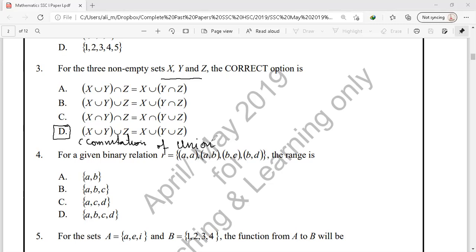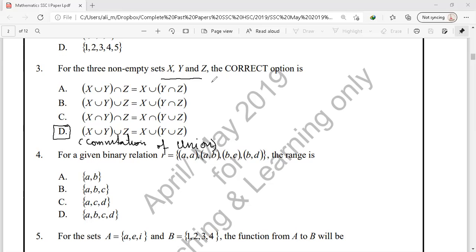We know that the union operation is commutative. So if we take X union Y union with Z, and Y union Z with X, at both sides the answers will be the same, unlike the above three options in which the left hand side will not be equal to the right hand side.